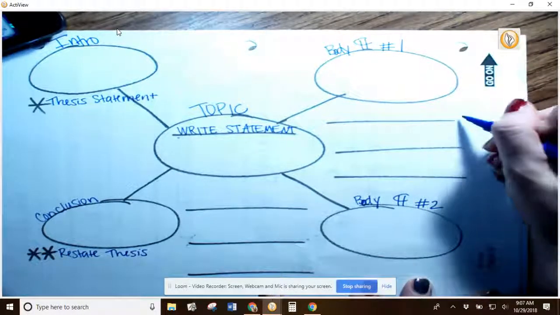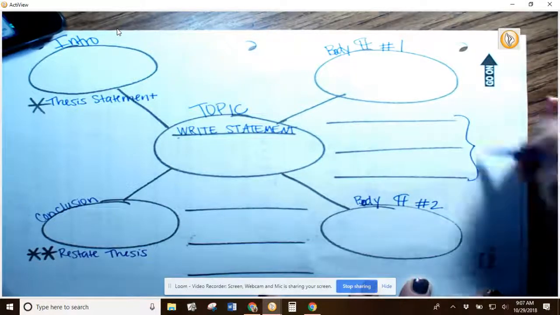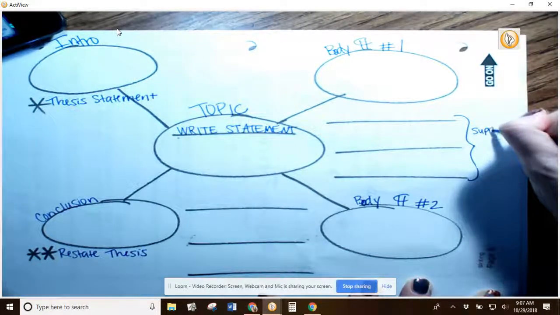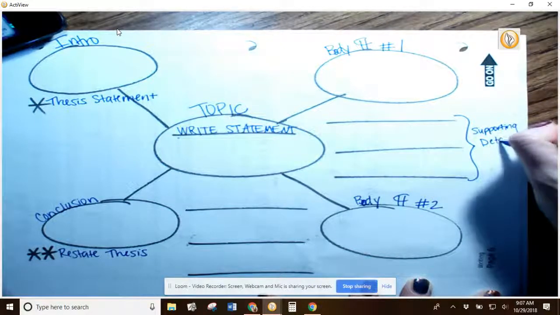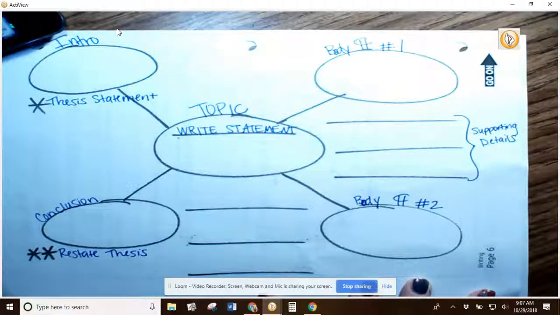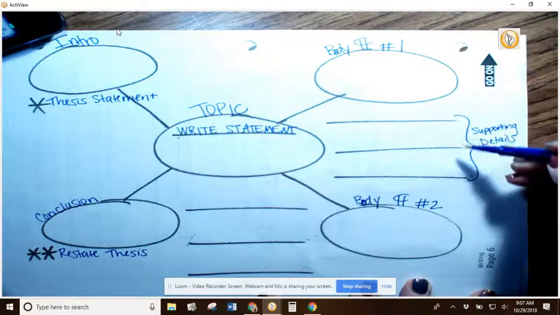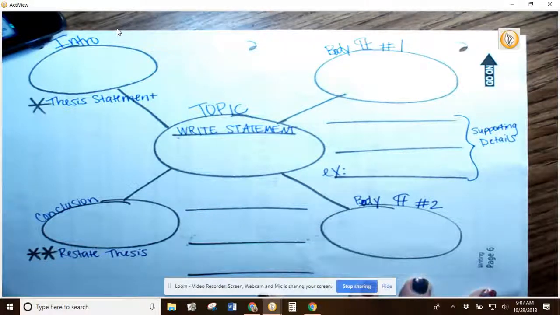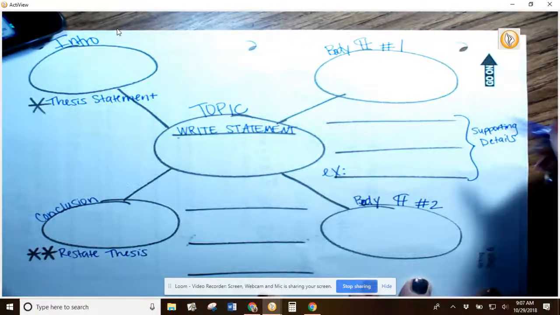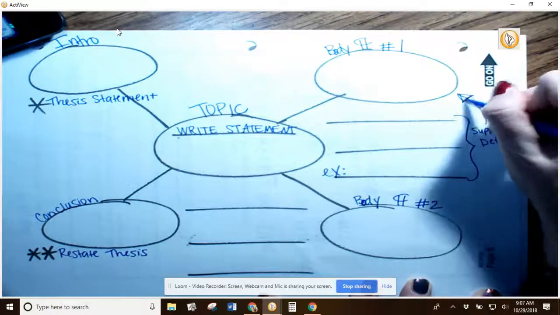These lines here are your supporting details. You've got a supporting detail, and then this one's going to be an example, which we'll talk more about in a second. All of those support this body paragraph.